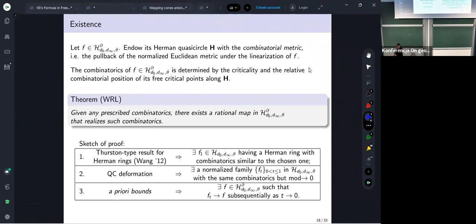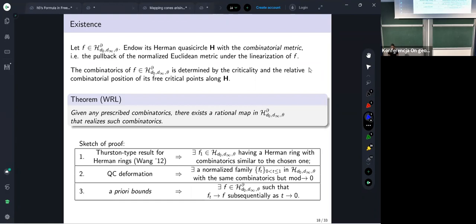So the first ingredient is a Thurston type result for Herman rings. Basically, this is a result by Xiaoguang Wang in 2012, 10 years ago. It basically allows us to pick a Herman ring, say F1, that lies in the curly H space, having a Herman ring of some combinatorics similar to the chosen one.